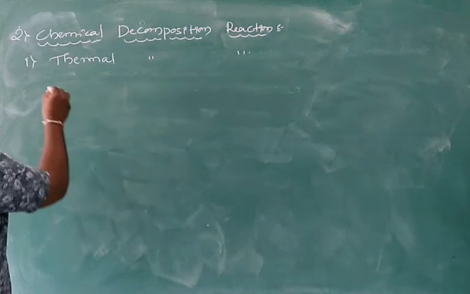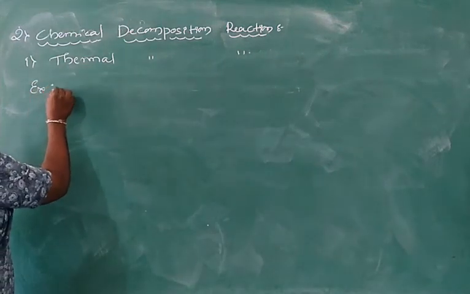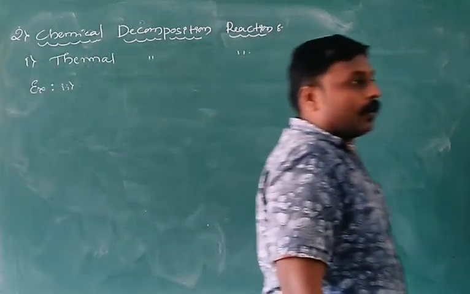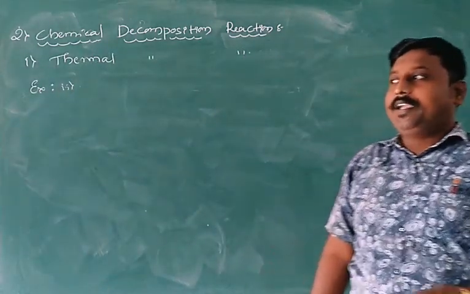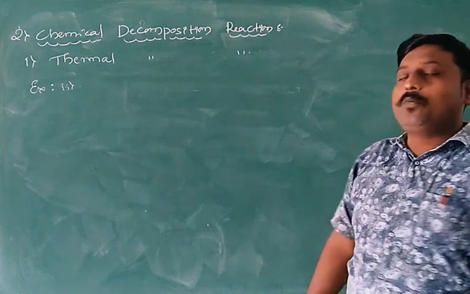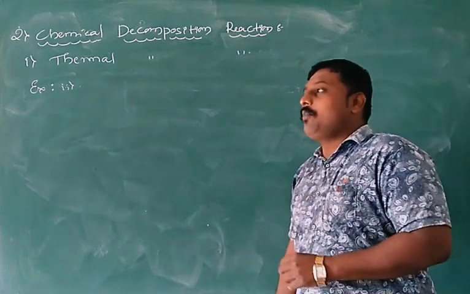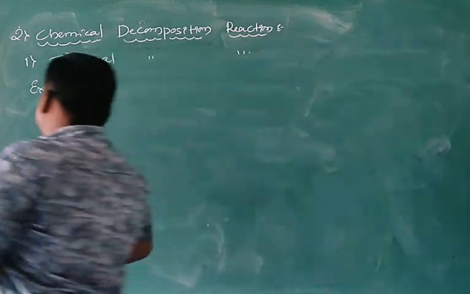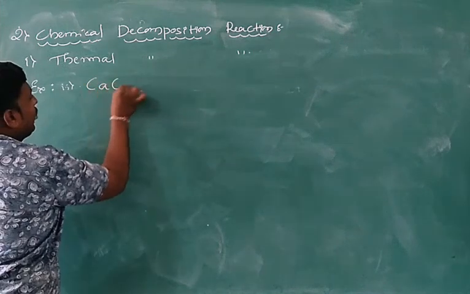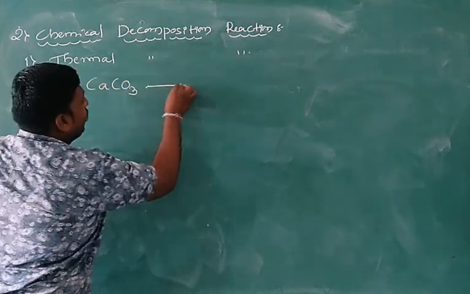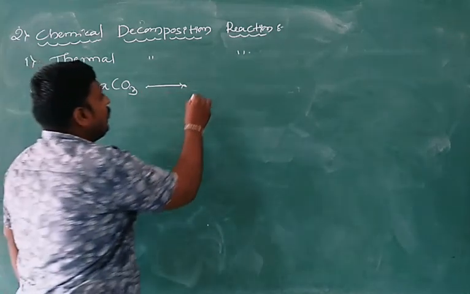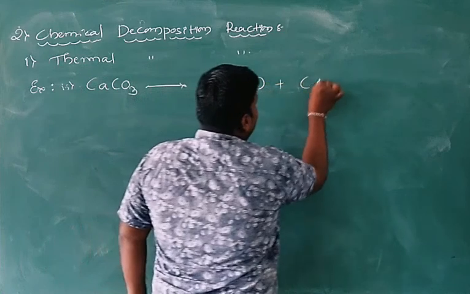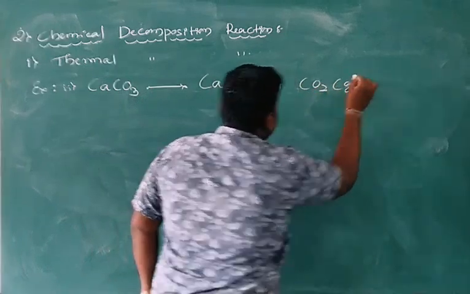Let us take the second example. Example 2: when calcium carbonate is heated, it decomposes to form calcium oxide and carbon dioxide gas.